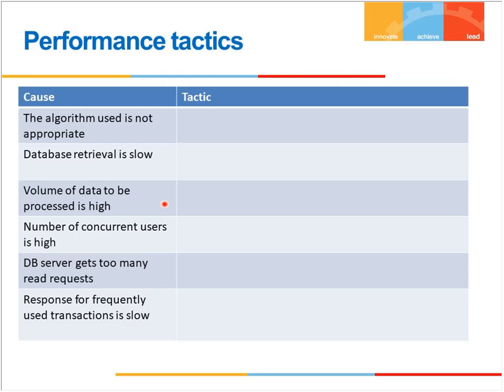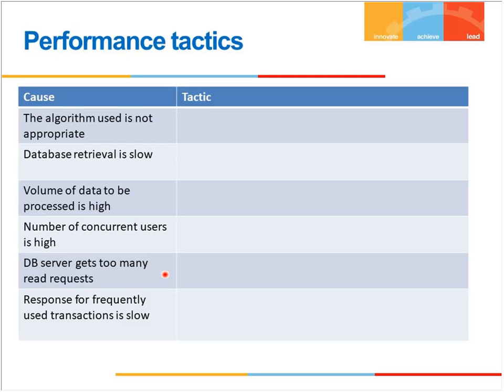Okay, good. If the number of concurrent users is very high, increase the number of servers and do load balancing. Horizontal scaling, multiple servers to process the requests. Excellent. The database server gets too many read requests.